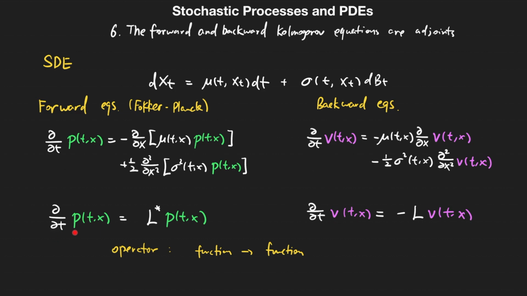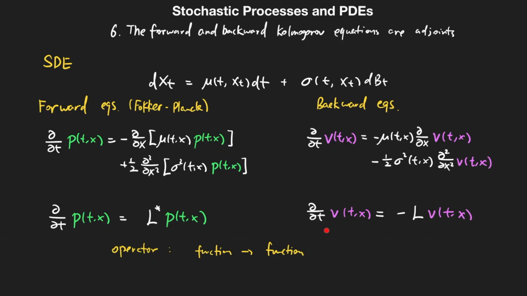It acts on the probability density function to give out another function. The forward PDE tells us it equals the operator L star acting on the probability density function. So for L star, we can think of the terms in the forward equation as an operator, right? It involves the first and second partial derivative with a product with mu and sigma squared.